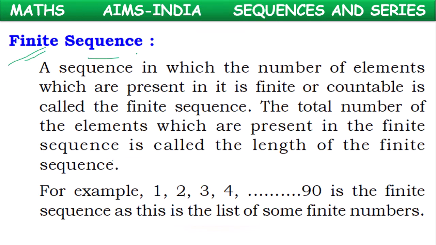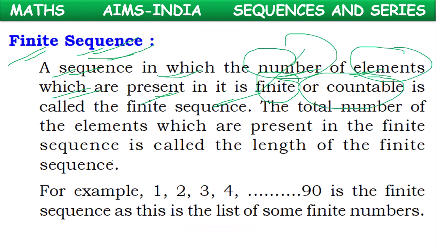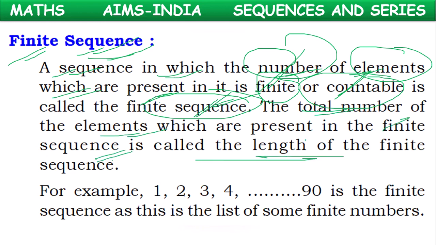So finite sequence. Finite sequence means a sequence in which the number of elements present in it is finite or countable. If the number of elements is finite or countable, then it is called a finite sequence. The total number of elements present in that finite sequence is called the length of the finite sequence.